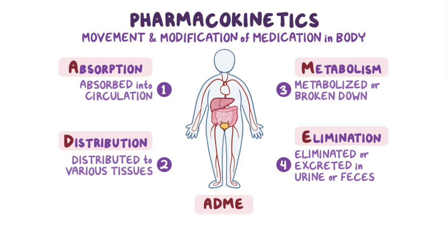What is the mechanism of action of fenoldopam? It is a D1 dopamine receptor agonist, and it causes rapid vasodilation.